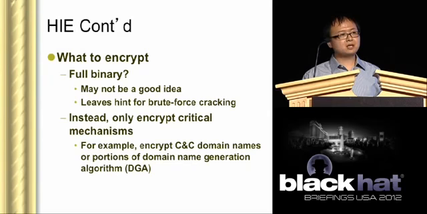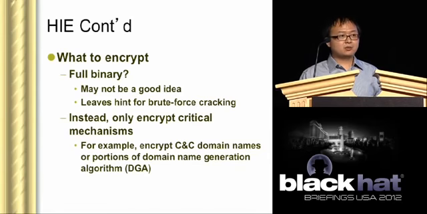But this may not be a good idea, because this failed-to-execute event is a very good signal for the analysis program. It can leverage this signal to speed up the cracking process, if you are familiar with how to crack encrypted binaries.